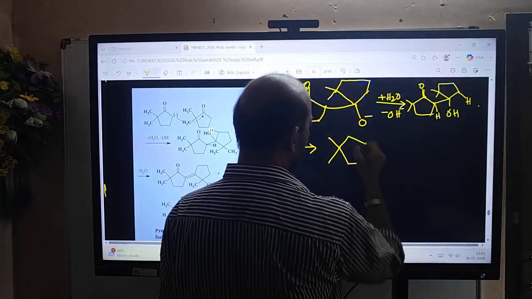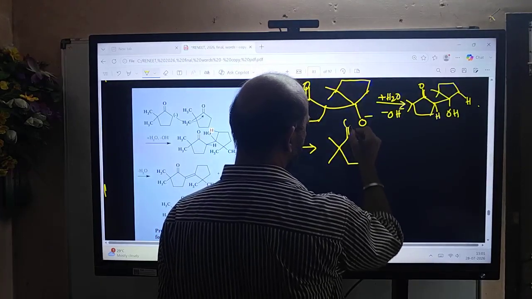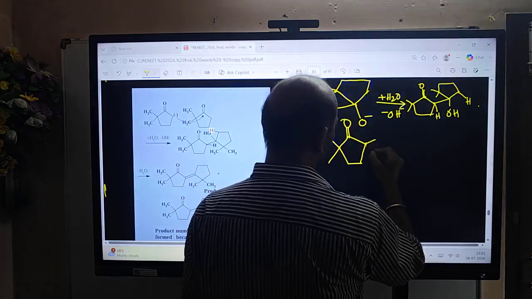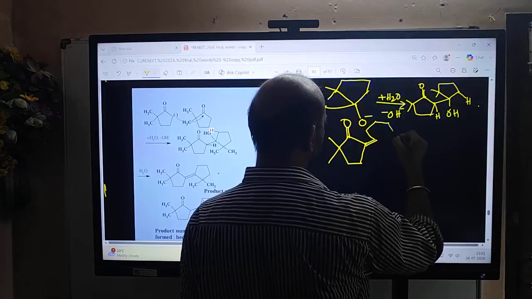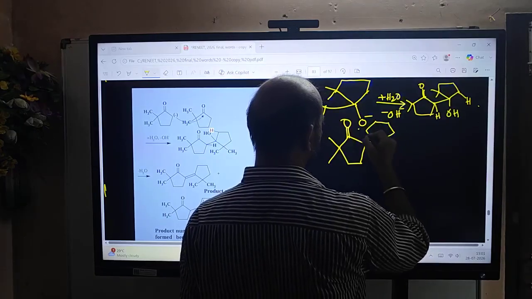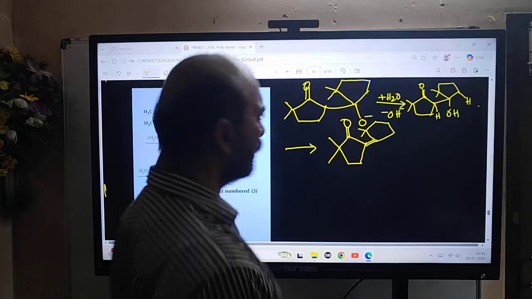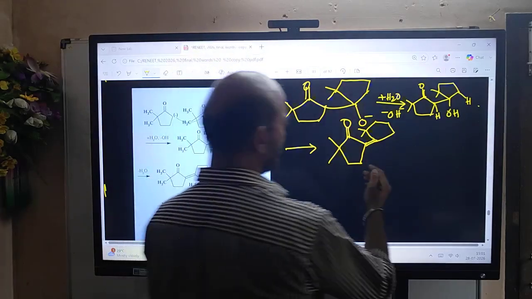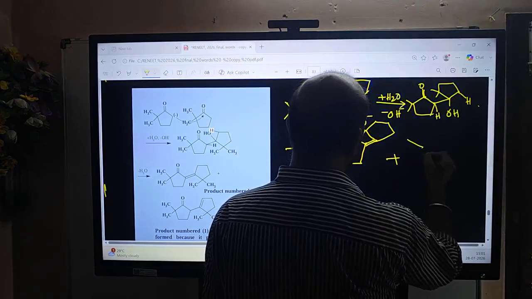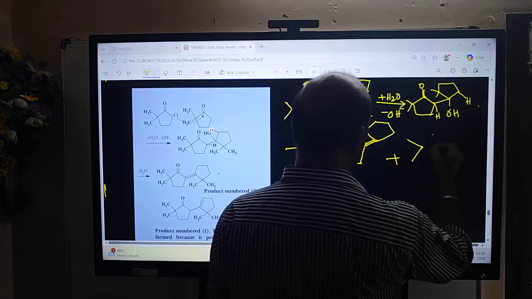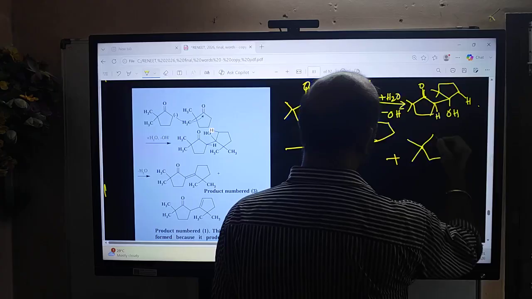Listen carefully. A double bond, okay. One possibility is this. The other one will not be formed because it is not stabilizing the molecule. The second possibility is theoretical only.